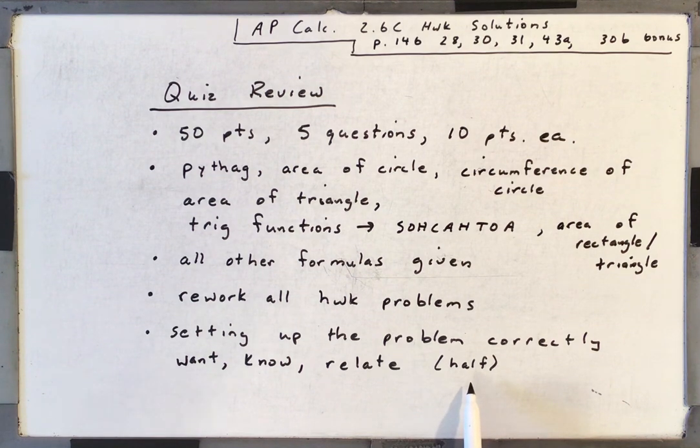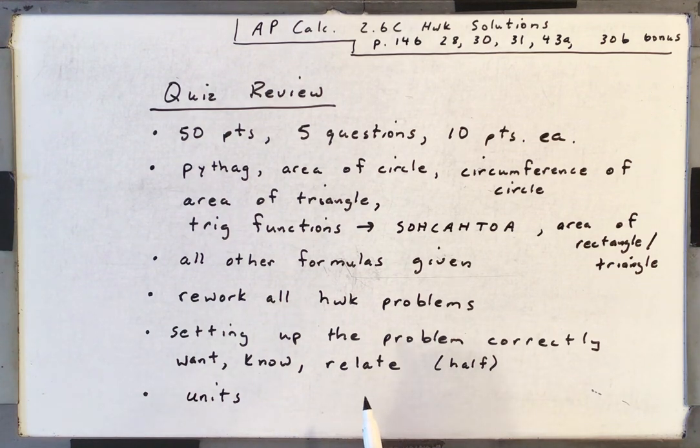Okay, so if you'll just rework all the homework problems, I don't think these problems are especially hard. Make sure that you get the units right. I remember having a student that missed the unit on all 5 problems, so that was -5 right there, and that's kind of a pain. Go through it, think through it so that you can get the units right.